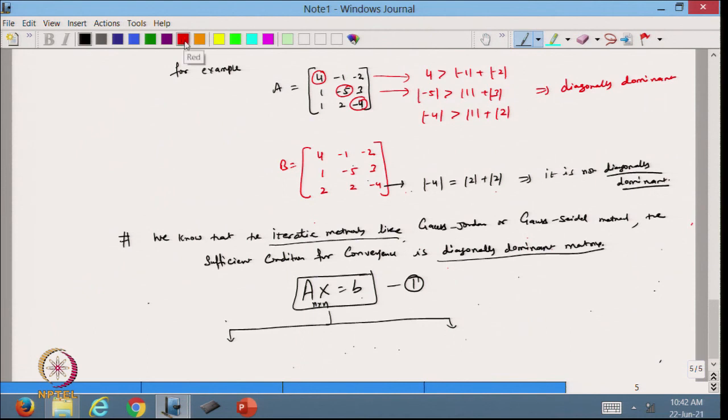In Gauss elimination, if you see, we use pivoting. Pivoting is basically to have the largest element at the diagonal places. So, this type of thing is also related with the diagonal dominant matrix. This is a direct method basically.